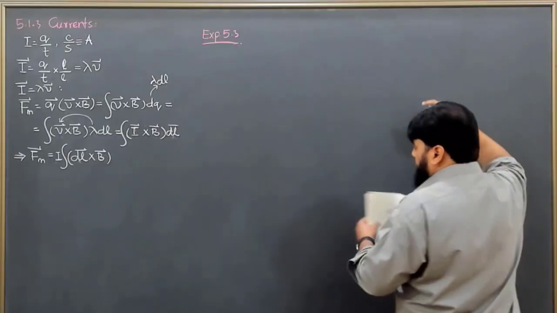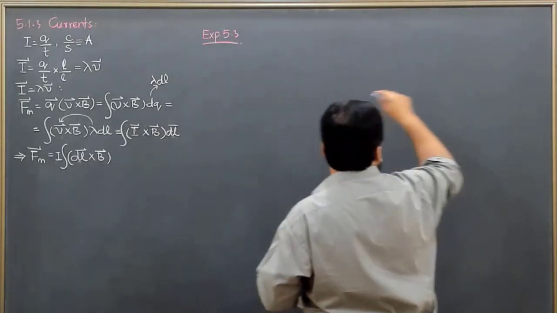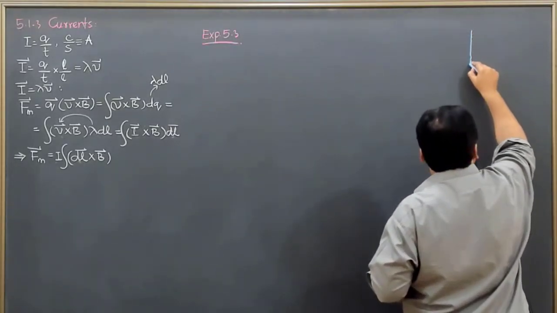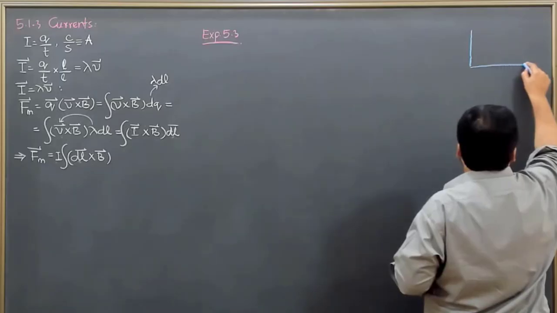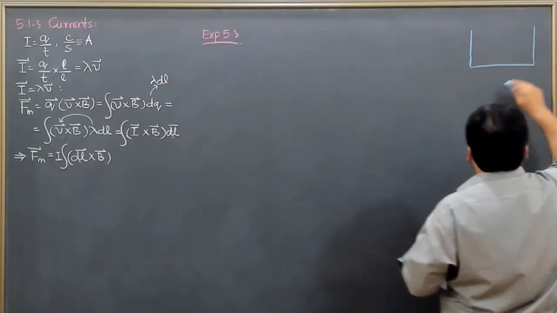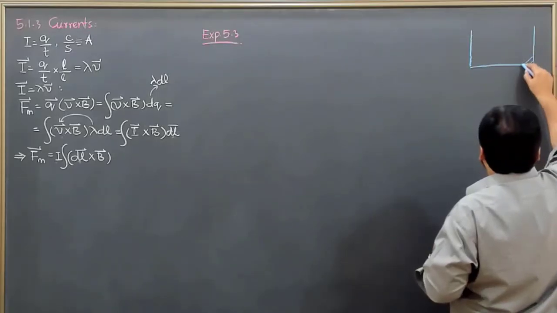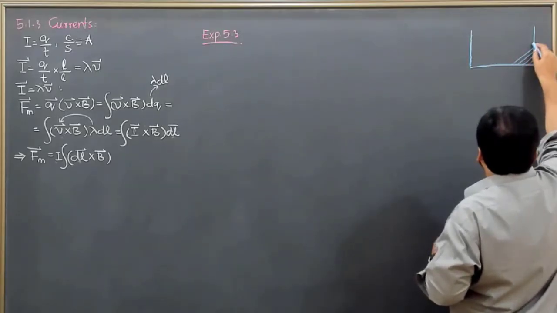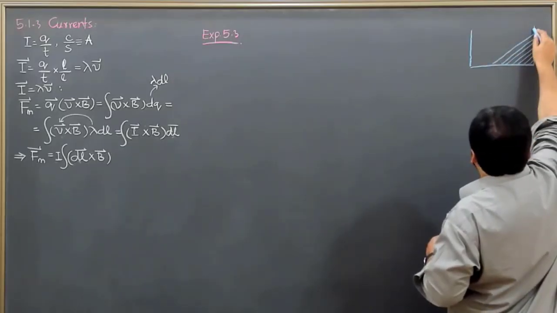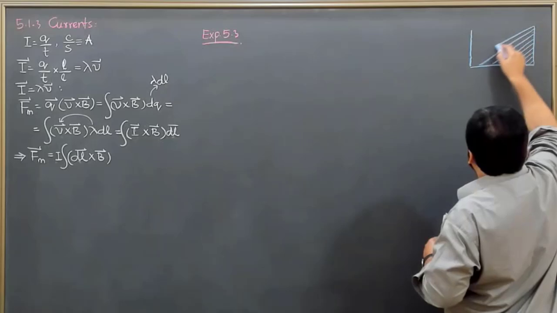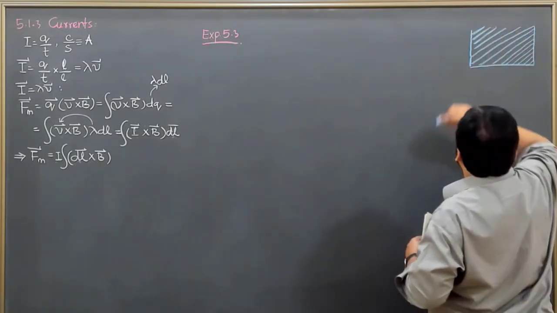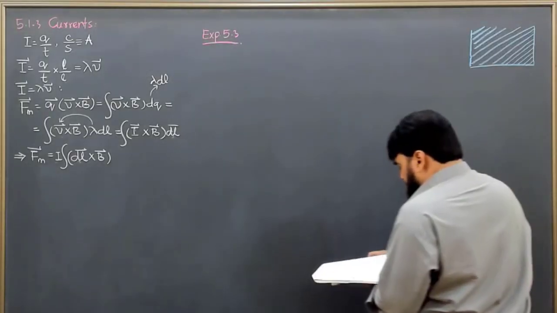Let's say a shaded region. This is a region, and in this region we have a magnetic field. The magnetic field in this region is into the page.